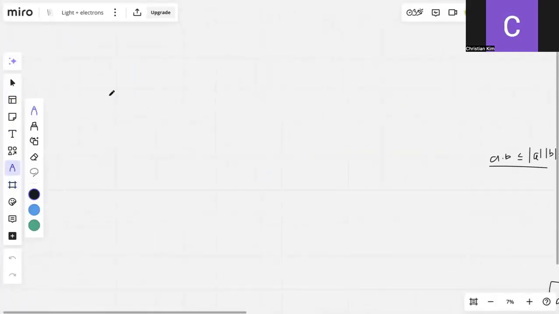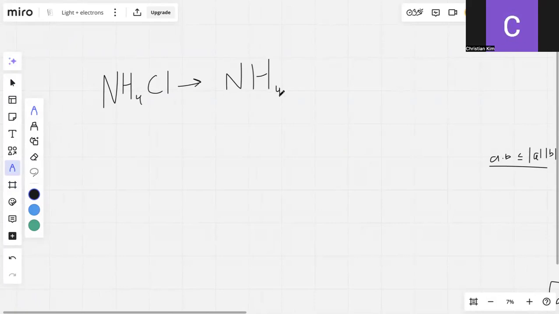So for ammonium chloride, NH4Cl, the reason why ammonium chloride is considered an acidic salt is because it dissociates into NH4 plus and Cl minus.